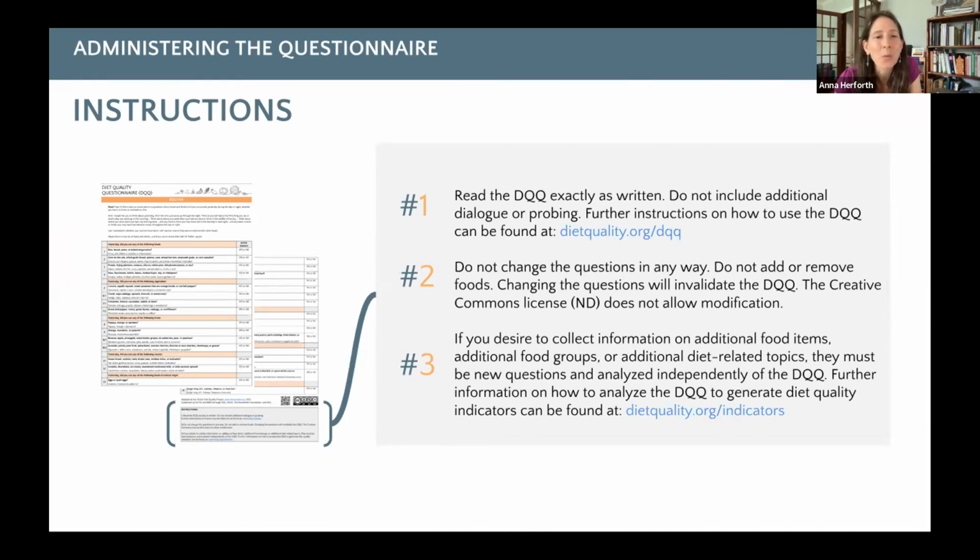So, as Christina mentioned, we do not encourage people to change the questions because they've been so extensively validated and formulated for cognitive validity, but then adding your own questions about specific regional items is certainly feasible to do in this number 3 instruction. Yeah, thanks a lot, Anna.